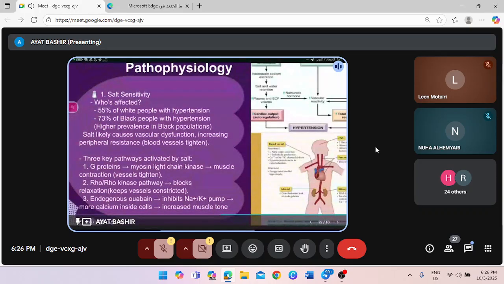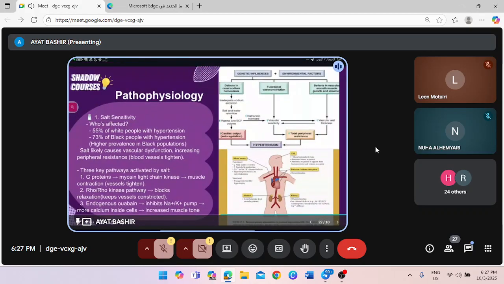So it should be relaxed, but the salt comes in this kinase pathway and blocks the relaxation, so also we have vasoconstriction. And also if there is any interruption in the sodium-potassium pump, this will also increase the muscle tone. So salt likely causes vascular dysfunction by these three main pathways.